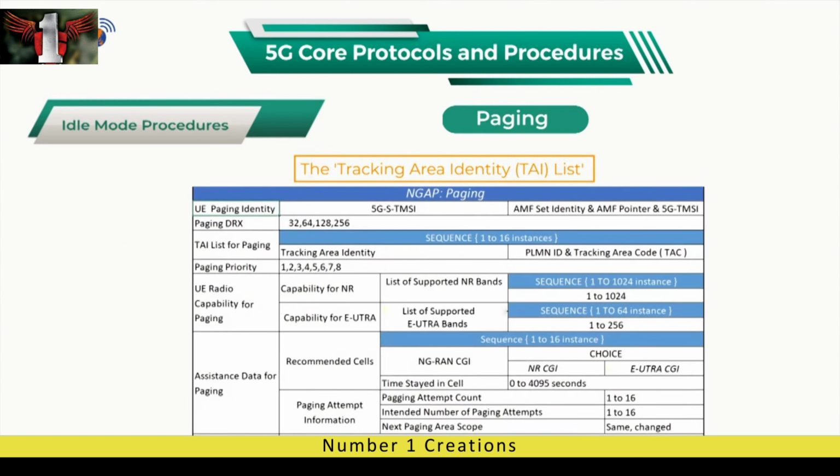The tracking area identity (TAI) list is included to ensure that the base station broadcasts the RRC paging message using the appropriate cells. In many cases, all cells belonging to a base station will belong to the same tracking area. However, there are also deployment scenarios where the cells will belong to different tracking areas.